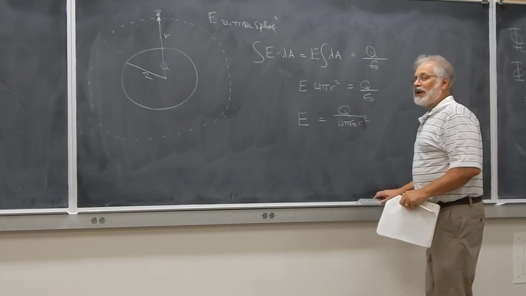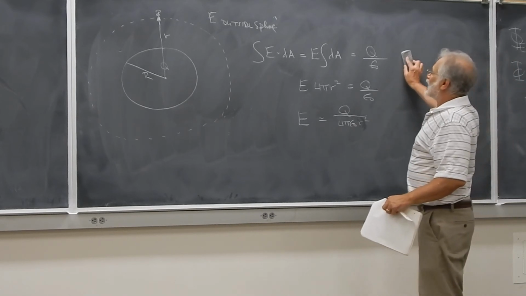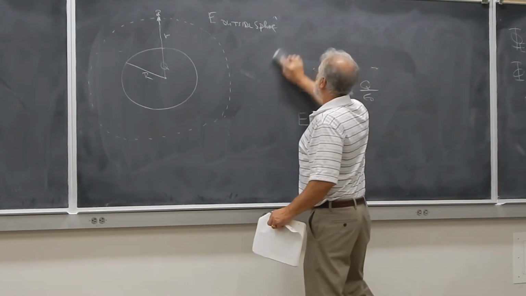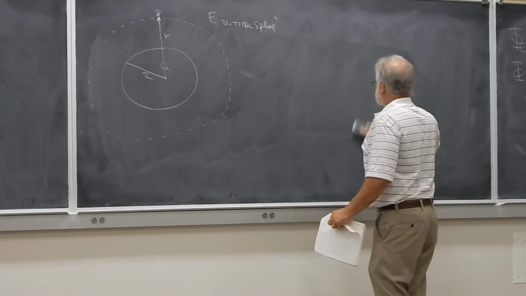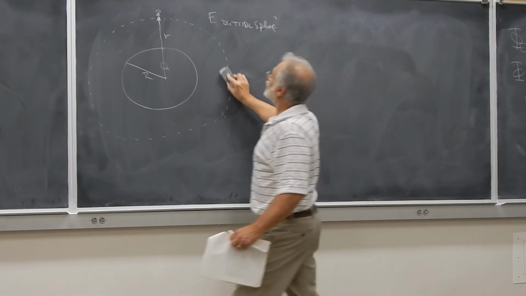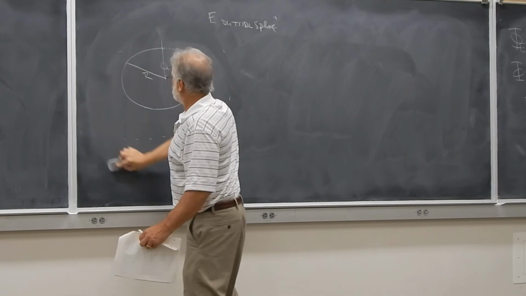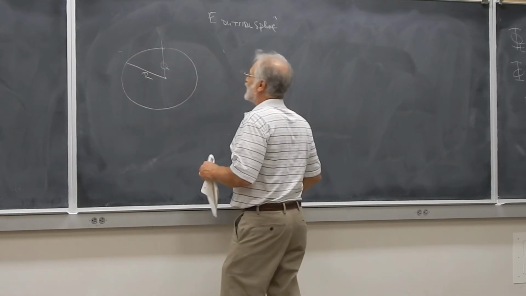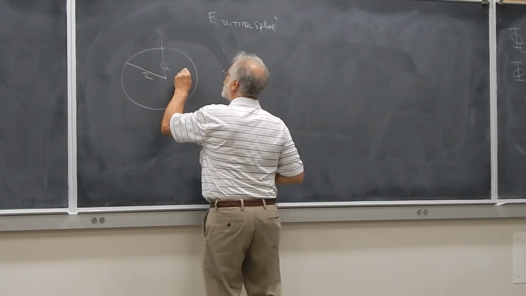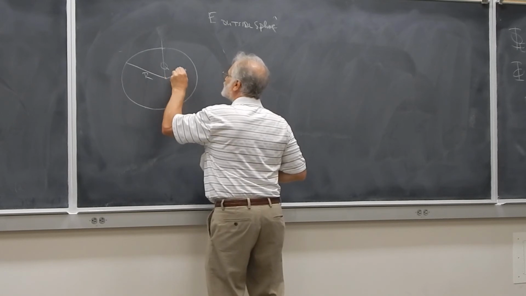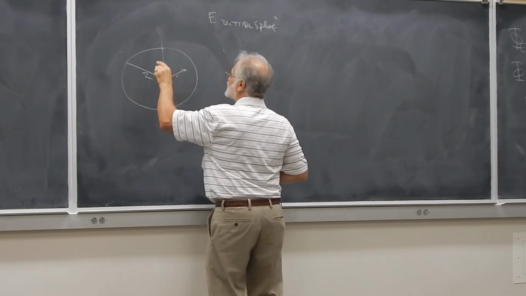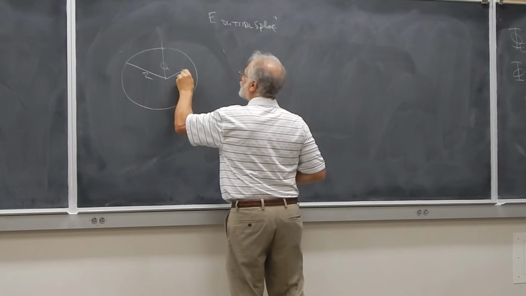Let's make it a little bit more interesting though, and let's ask, what about the electric field inside the sphere? So suppose I want to find the electric field at some point P that's some distance little r, which is less than big R away.